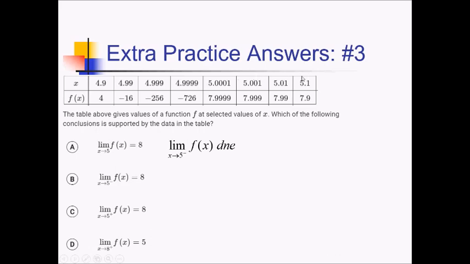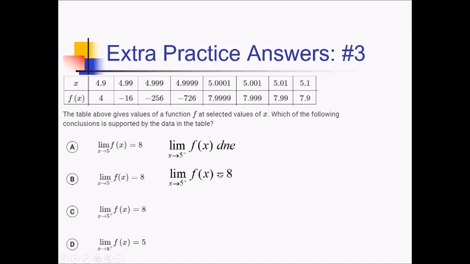On the right side, however, as we approach 5 from the right side, the y values are getting closer and closer to y equals 8. So we could make an argument for the right-sided limit being 8. And that would be supported by the table. The table wouldn't be enough to guarantee that the right-sided limit is 8. You can't really guarantee that without a graph or a function, but it would at least support it.